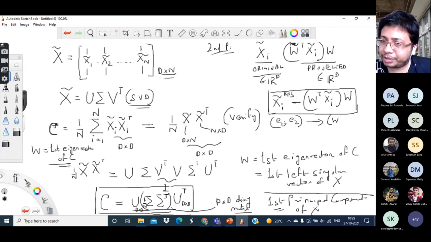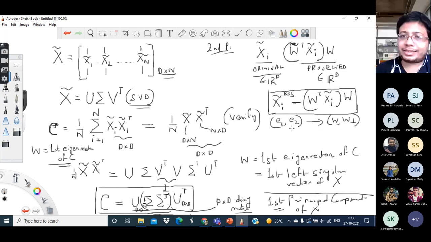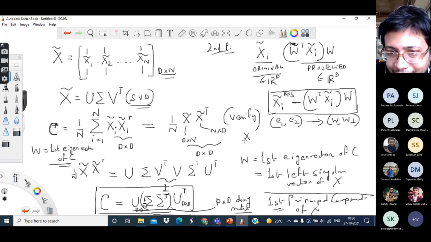Since this is two-dimensional, it has two bases, so after change of basis it also needs two basis vectors. One is W, which we are already talking about here, and the other, as we said earlier, is W perp.